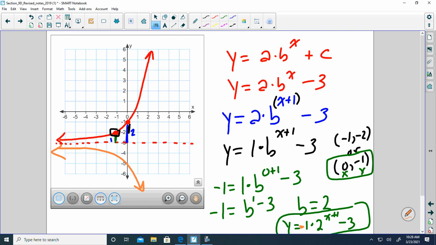Like the negative automatically comes out front, it starts looking like that. If the graph looks like something like this, that becomes a decay. So this here, that means my b has to have a negative exponent. Okay, so just some things to kind of just keep in your wheelhouse to think about.